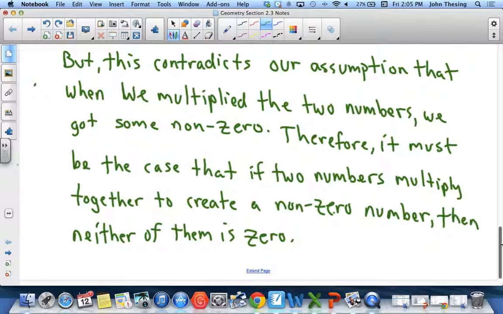I get two things that completely contradict each other. At first, I'm like, all right, so I have two numbers that multiply together that don't make 0, but one of them is 0. And Baja's like, but Mr. T, look, if you do 0 times x, it's 0. Which contradicts your assumption that your two numbers didn't multiply to give you 0. So you must be wrong, Mr. T. So this is done now, right? Yes, we're done. Thank you.